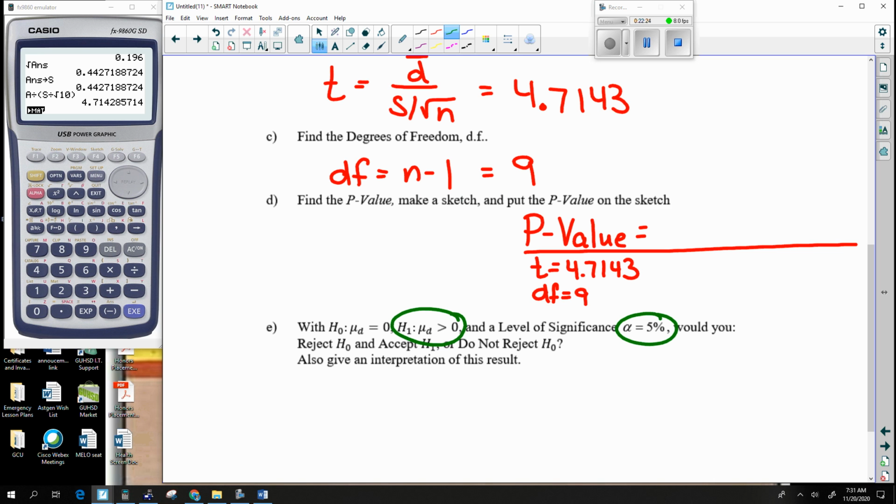And so this is a one tail, more specifically a right tail, with an alpha of 5%. So when I look up this p-value, I don't need to look at the two tail area. More specifically, this is going to be the one tail area. All right, so 4.7143.